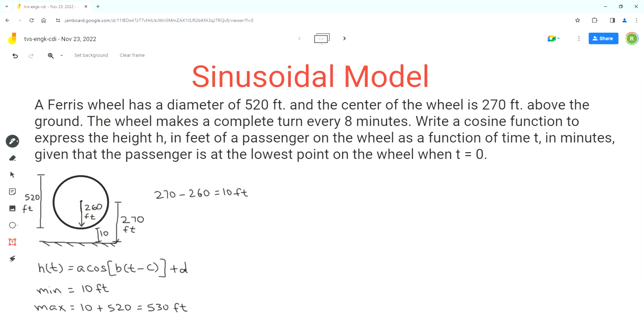Now we can use these minimum and maximum values to calculate the amplitude and the midline of this wheel. So let's start with the amplitude.